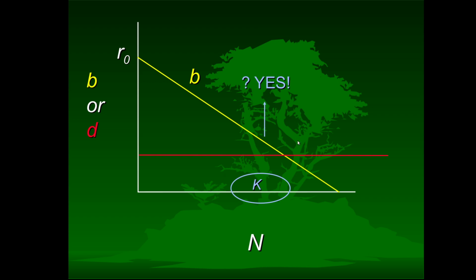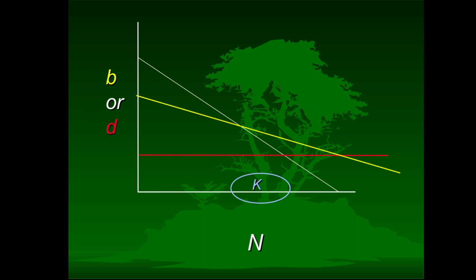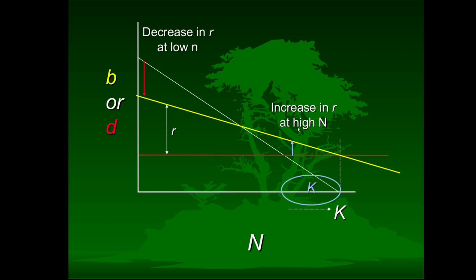So K-selected populations are predicted to evolve higher carrying capacity, increasing the birth rate curve at a high population size. Increase in little r at high N, which, because of trade-offs, will most likely cause a decrease in little r at low N. But ultimately, what's happening is that you've got a new carrying capacity. You've increased the carrying capacity.